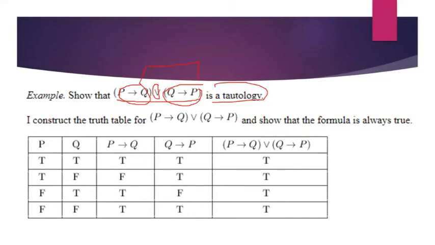Kuha? Okay. So, the conditional of P and Q, di ba, dapat true ang first statement and false ang second statement para false ang result. So, the only time na nag-true, false yung PQ is this one. So, ito lang yung false.